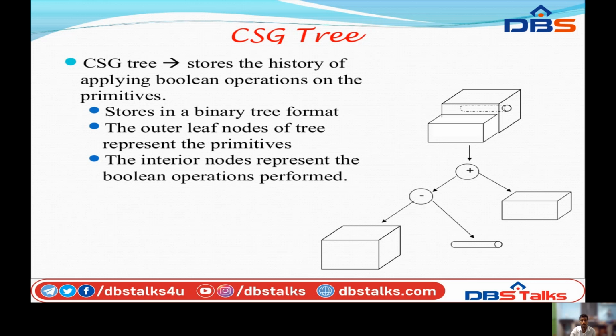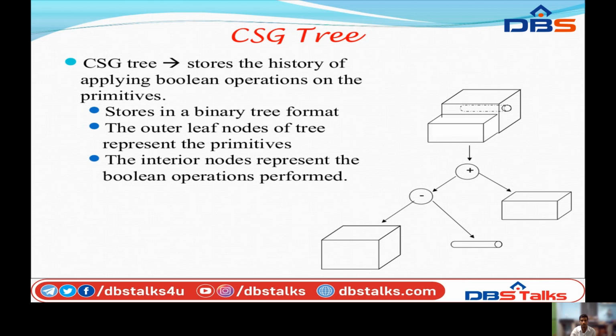Previously, I told you about primitives like cylinder, cone, block, cube, torus, etc. Here, the complete history will be stored in the CSG tree, including all Boolean operations.